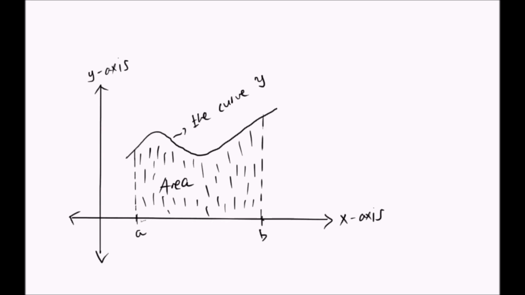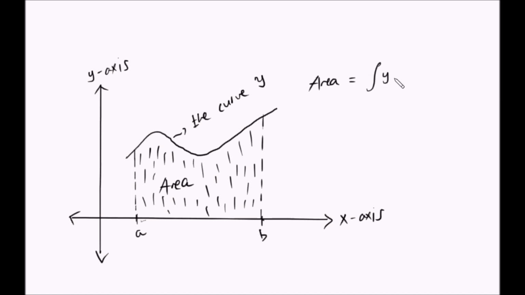So tunaanzia hapa. So this is the curve y. So this shaded region is the region between the curve y, the x-axis, and hii line x equals to a and x equals to b. So kule nyuma tulisema this area is given by what?